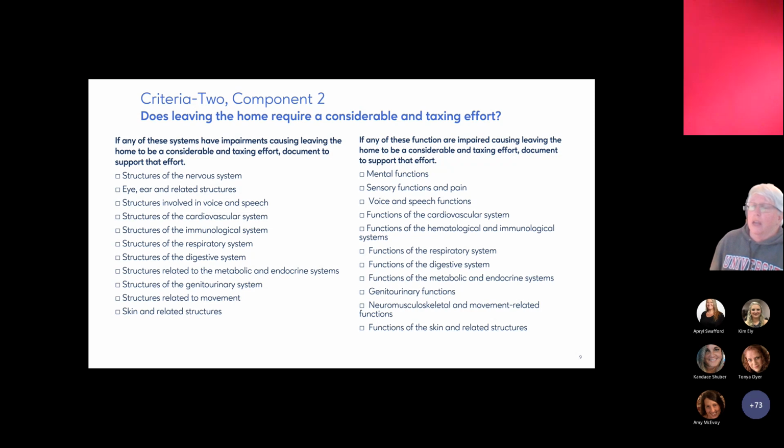Do they have impairments across any other body systems? And the same thing with functions. Do we have a dysfunction going on in anything that you're trying to enact movement to get someone out of the house? If you have a dysfunction, that's going to make getting up and leaving more difficult. So again, you just want to consider, let's take a look at what's going on with this patient in their impairments and in their functional disabilities.